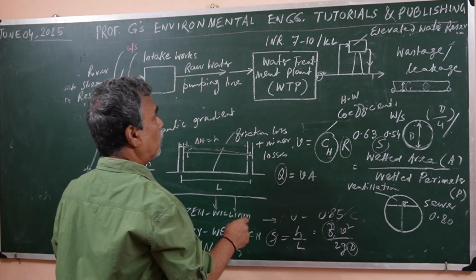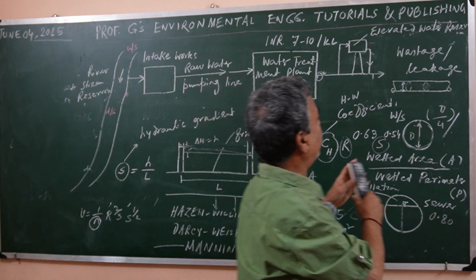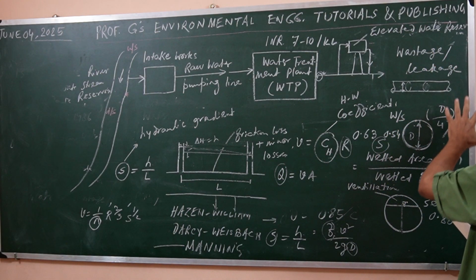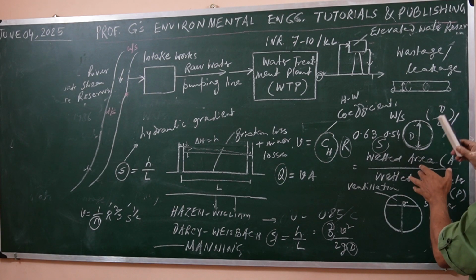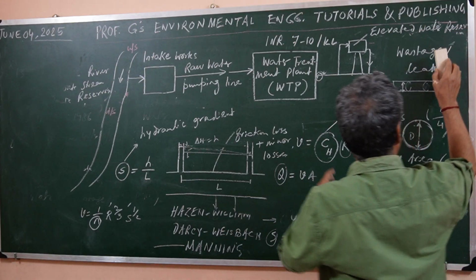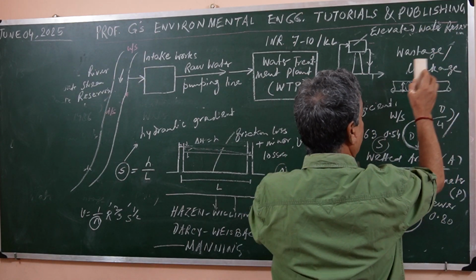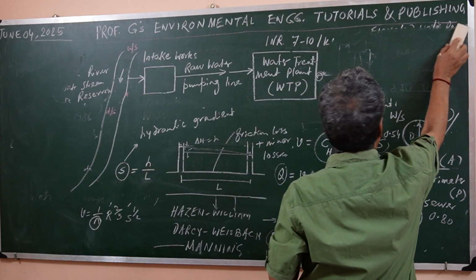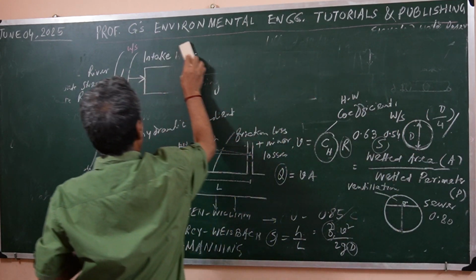Now, as we went up to the distribution system at the consumer's end, from there we will start now. That will be the collection point for the sewage or the domestic wastewater also. So I am erasing this one.